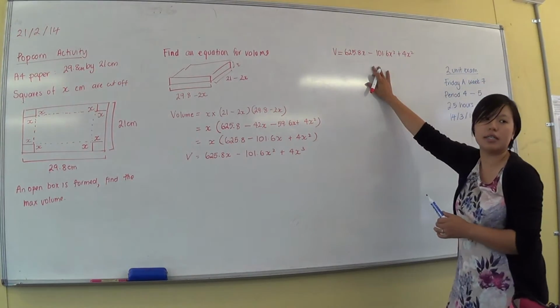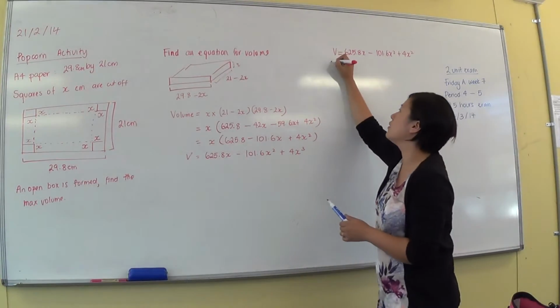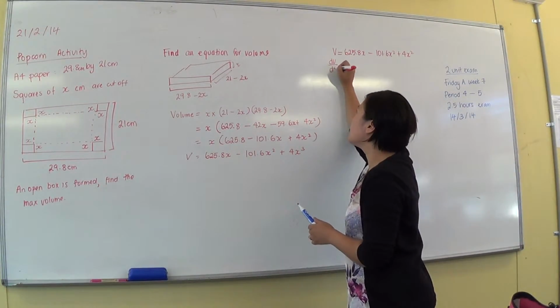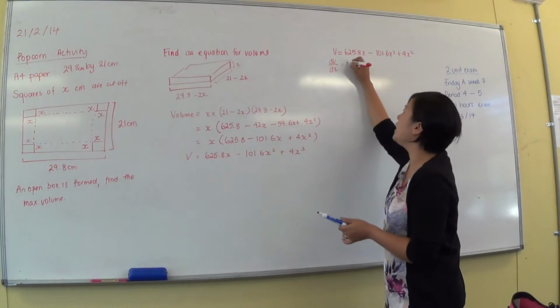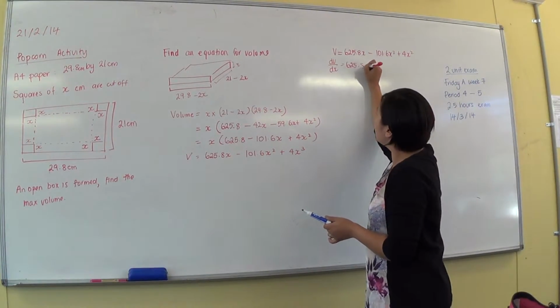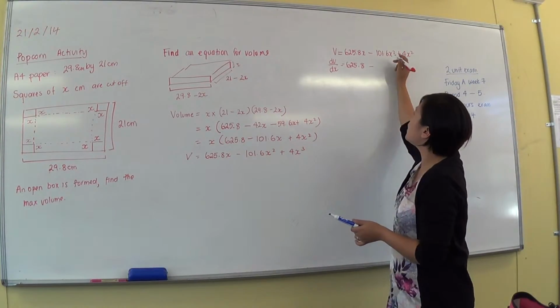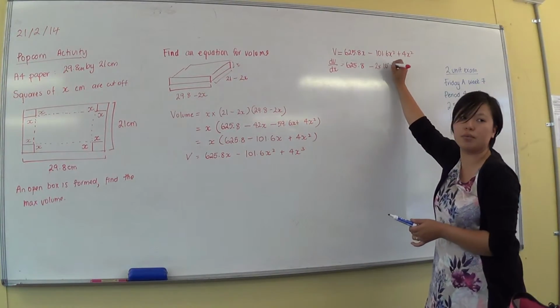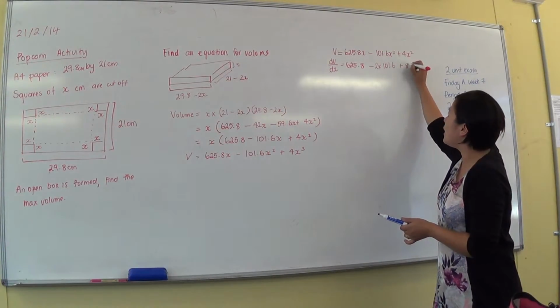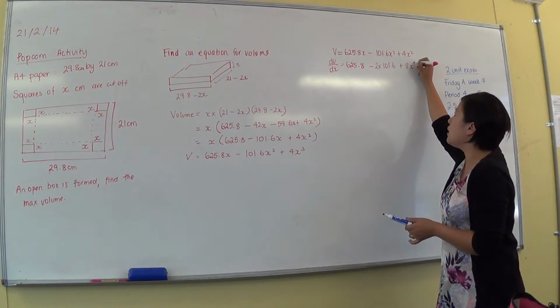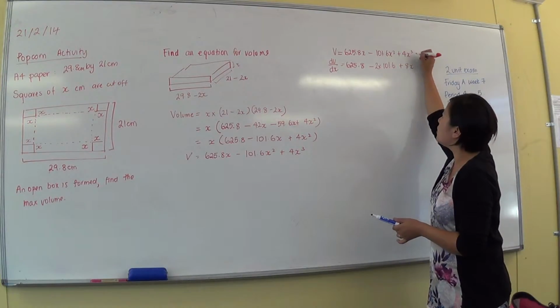Okay, so differentiating this, dV/dx is just going to be 625.8 minus 2 times 101.6x plus 8 times, well, that's x cubed, so 8 times x squared.